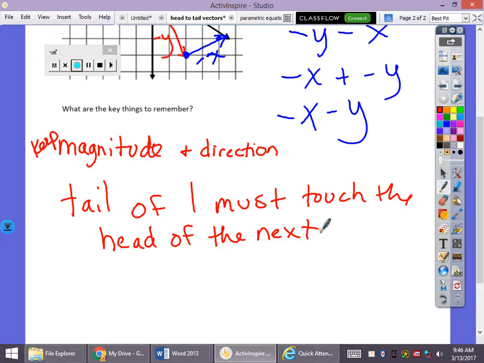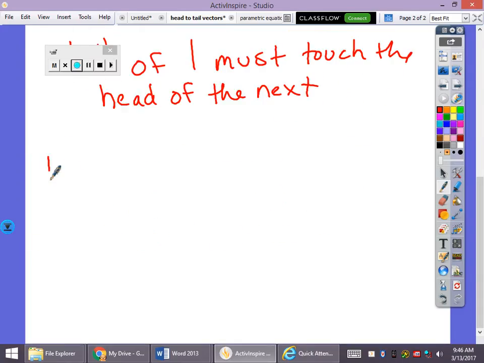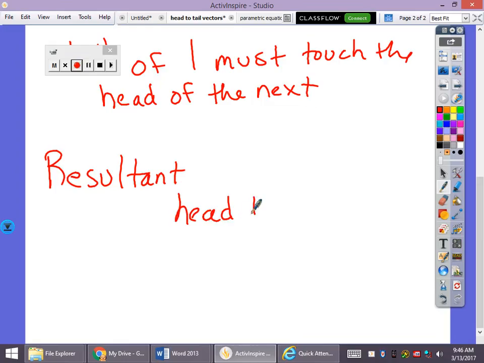Except for what? The resultant. The resultant is head to head, tail to tail. Are we good? Yes, sir.